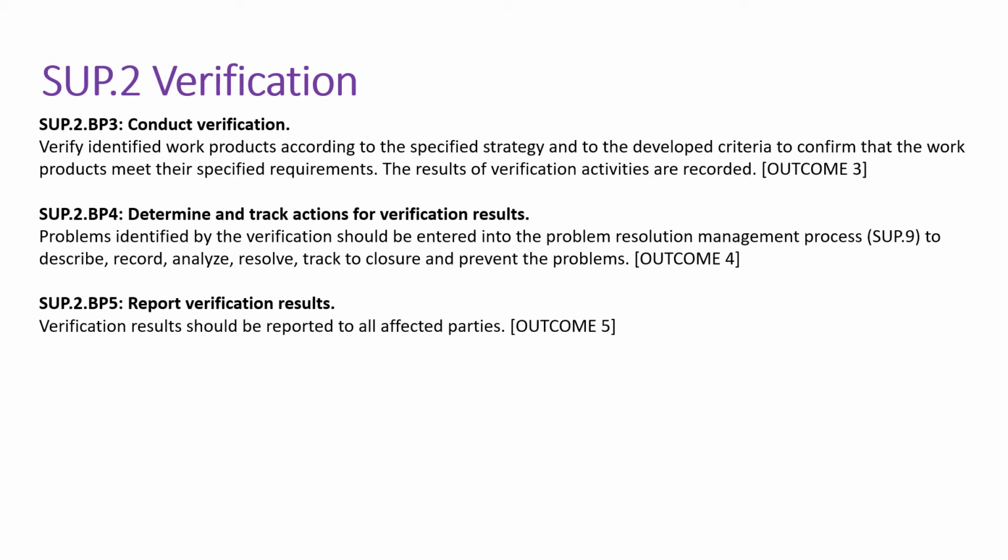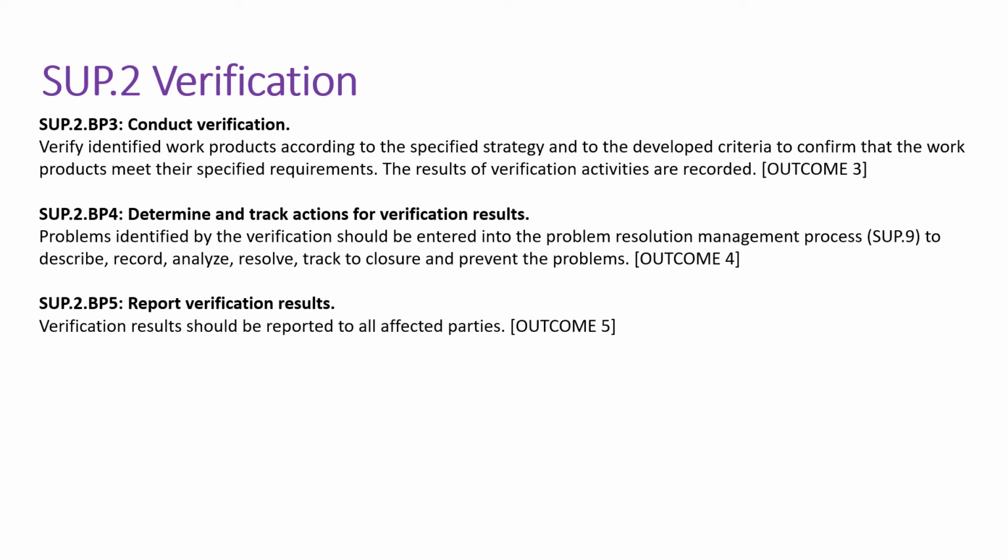And BP4 talks about determine and track actions for verification results. So first of all, when you conduct a verification, then as per the problem resolution management, PRM, process area, we need to describe what exactly the issue is, what exactly the finding is, what exactly your review comment is.